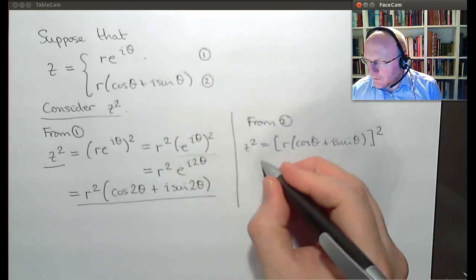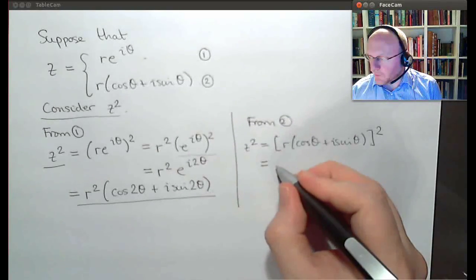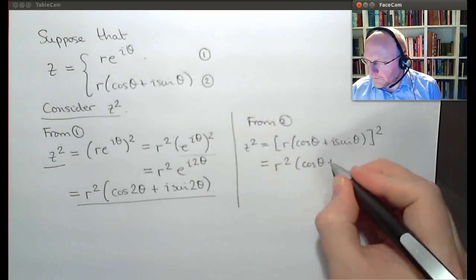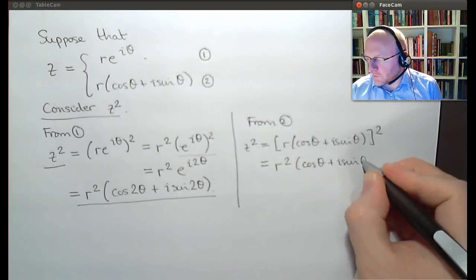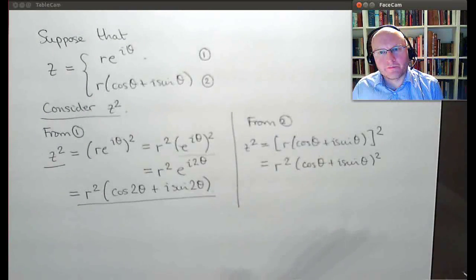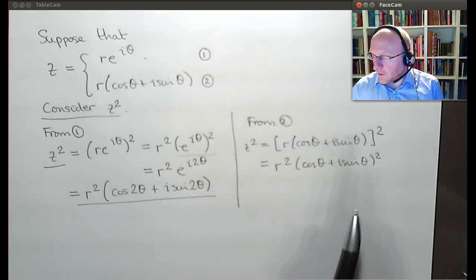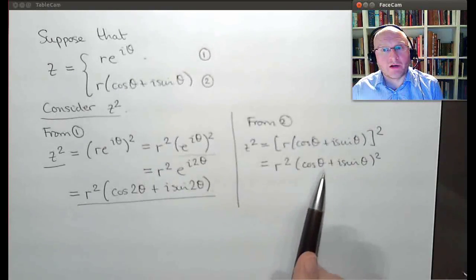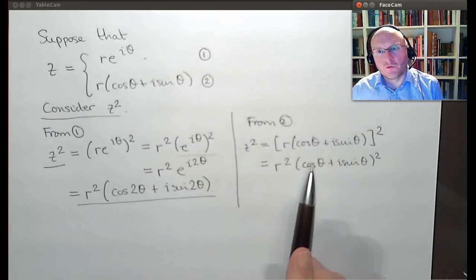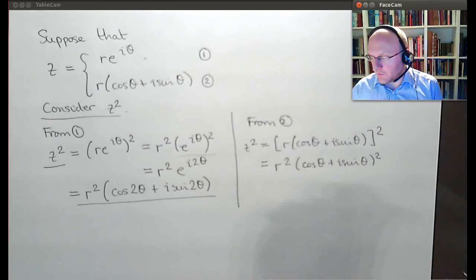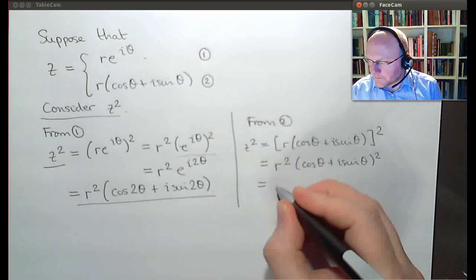So again, we can express this as the product of the two powers using our basic rule of algebra that I wrote on the previous page. Okay, well we can't do very much with r here, but we could multiply out this bracket. So this is of the form x plus y, and we're squaring it, so we could multiply out the bracket.